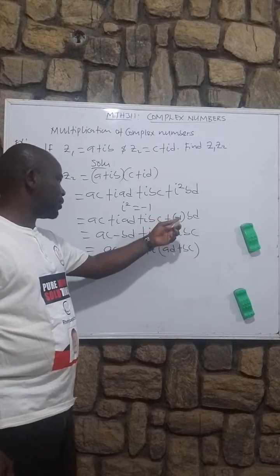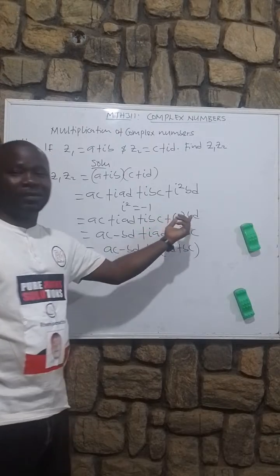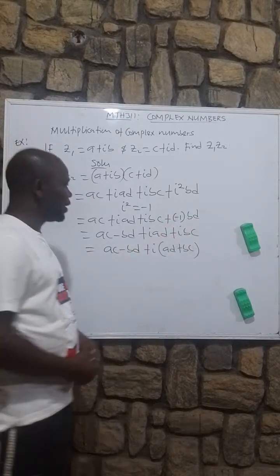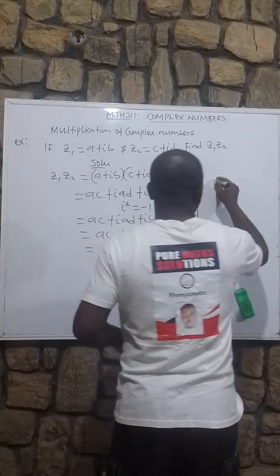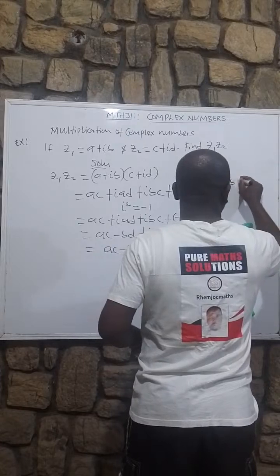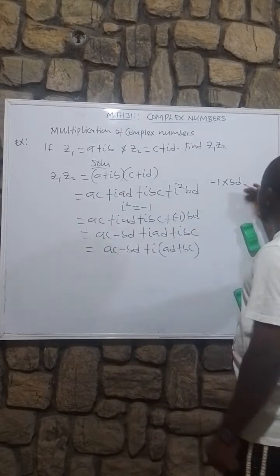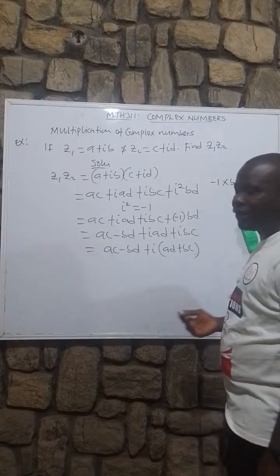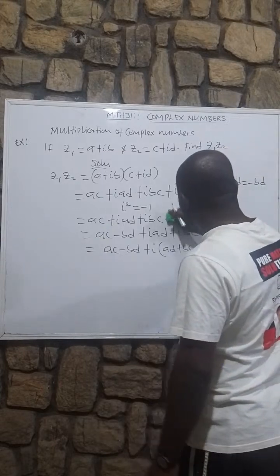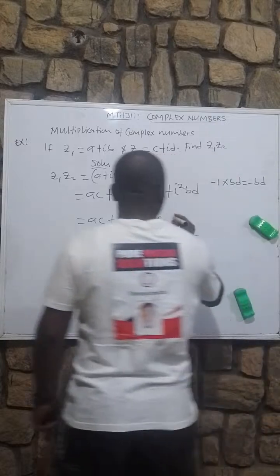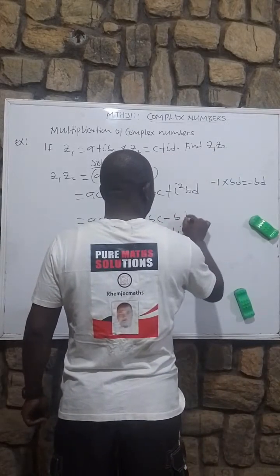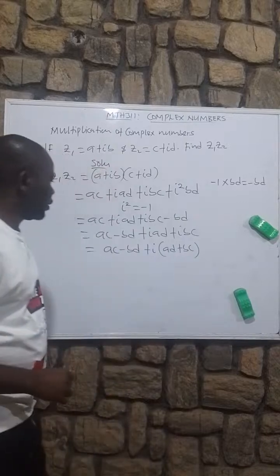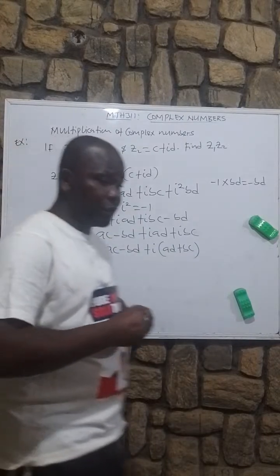Minus 1 times BD. Is it not the same thing as minus BD? Okay, look at it. Minus 1 times BD, what are you supposed to get? Is it not minus BD? True or false? Minus BD.